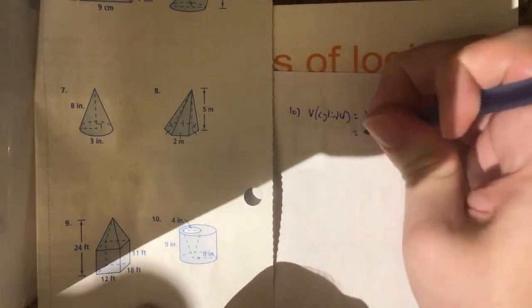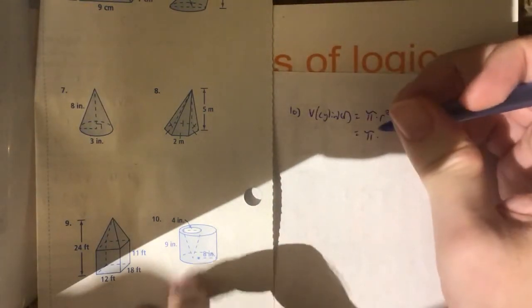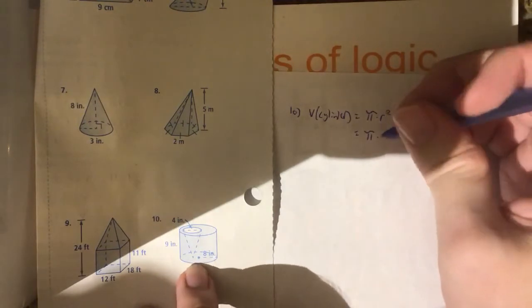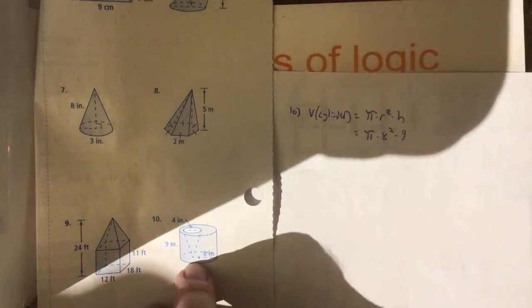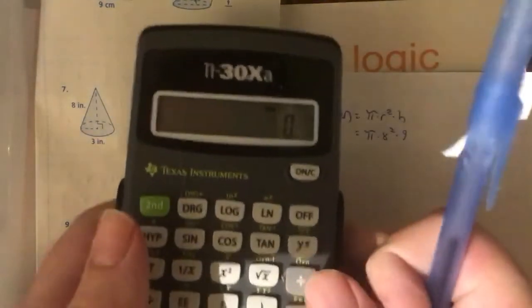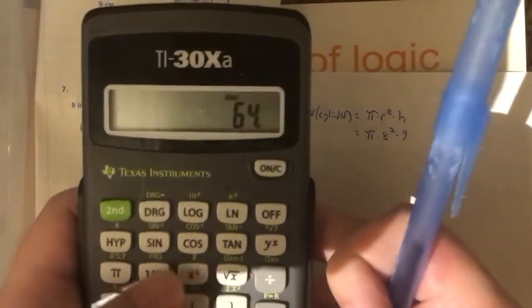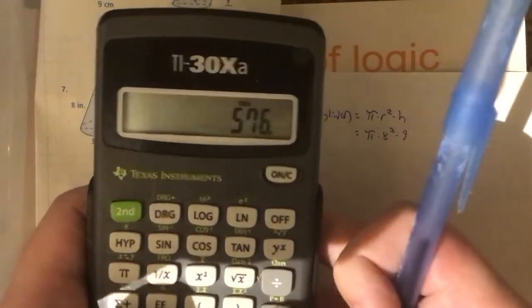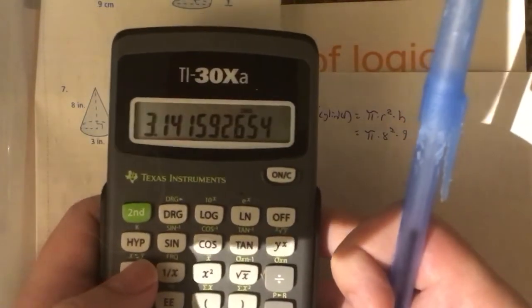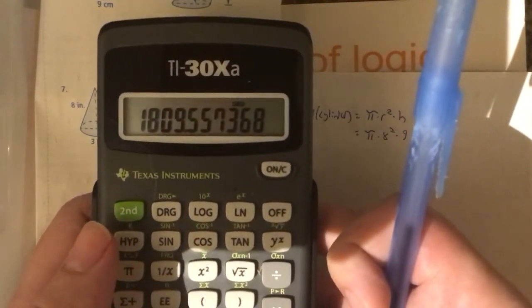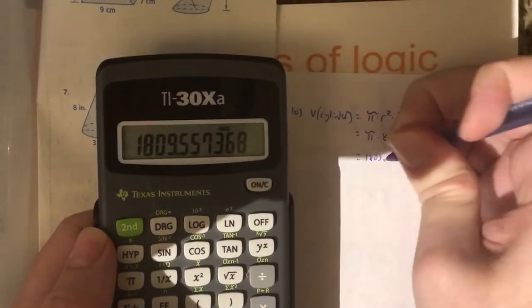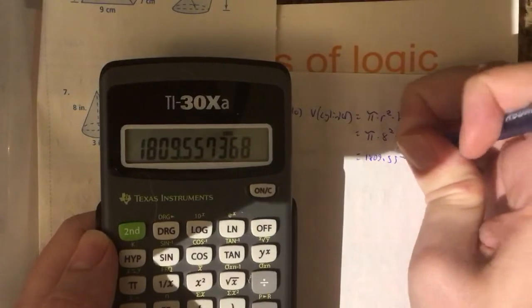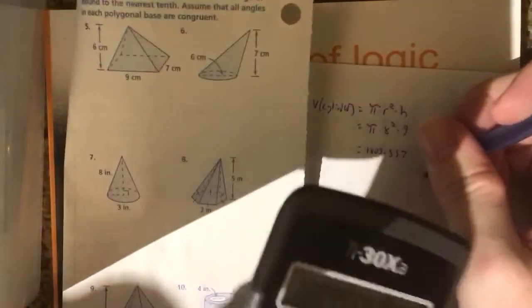So I just do pi times r squared, which is 8 squared, times 9. And we'll just do that on the calculator. 8 squared times 9 times pi, I'm going to write out the entire number, and I'll get 1809.557. And I'll just write that out for now. And it is, in this case, inches cubed.